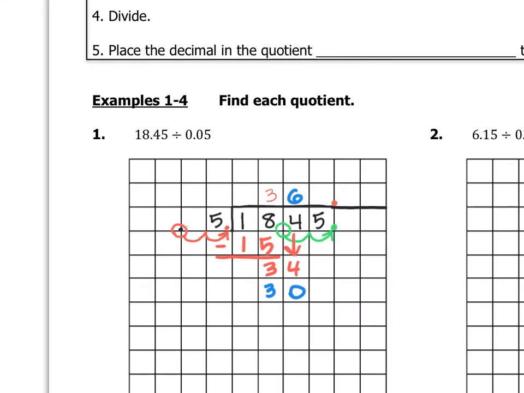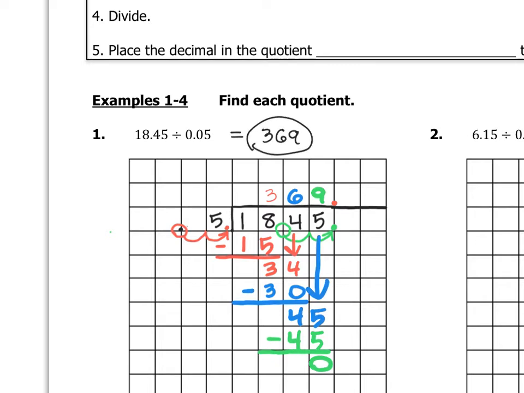I can subtract, and I get 4. Time to bring down my 5. 5 will go into 45 9 whole times. 9 times 5 is 45. I subtract and I get a 0. So that means I'm done dividing, and that means my answer to this problem is a whole number. I get 369 for my answer. There's nothing to the right of the decimal point, so I don't even need to include the decimal point in this answer.